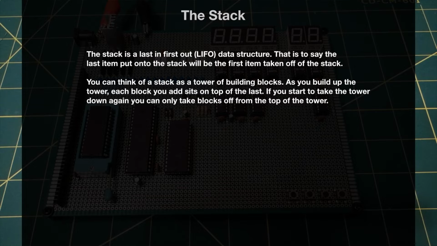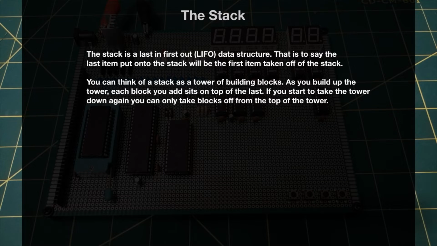So what is the stack? Well, the stack is a last in, first out LIFO data structure. That is to say, the last item put onto the stack will be the first item taken off the stack. You can think of a stack as a tower of building blocks. As you build up the tower, each block you add sits on top of the last.